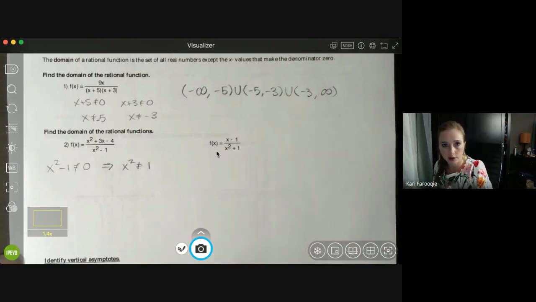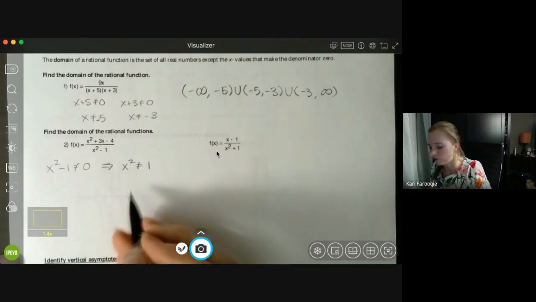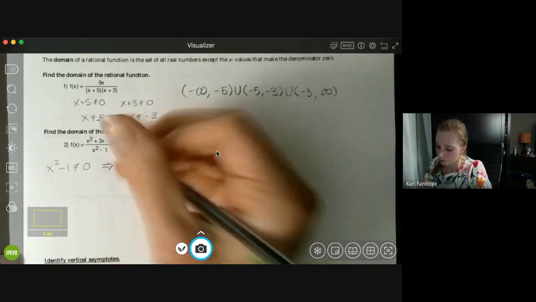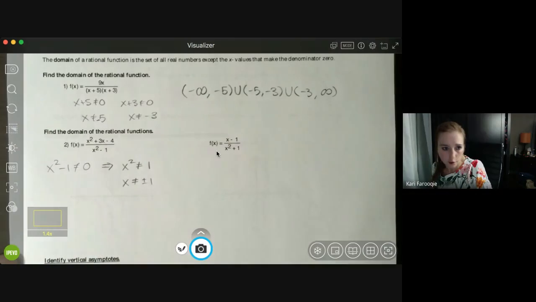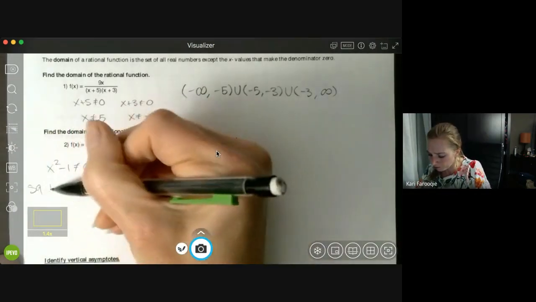The only thing I would say about using the square root property is make sure that you take the plus or minus when you take the square root on both sides. Because a lot of students see this and they say, oh, well, x can't equal 1. We're done. But then you're missing the fact that x also can't equal -1. So you can do this using the square root property.